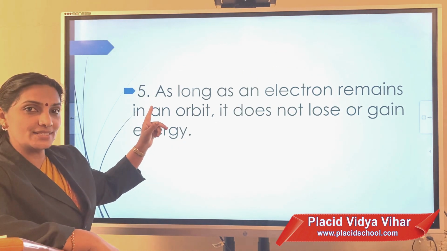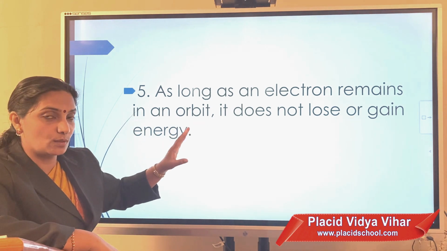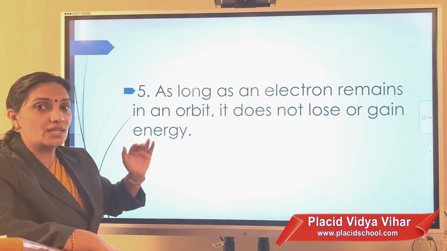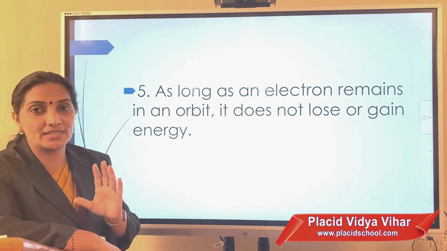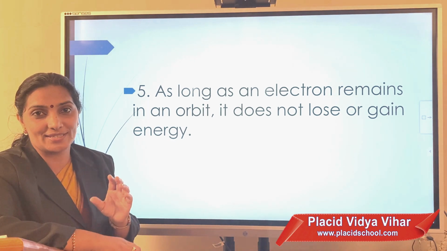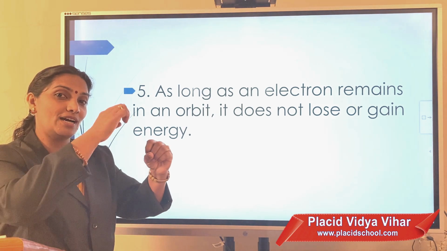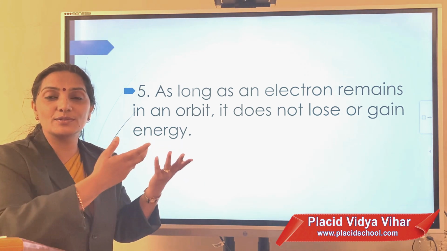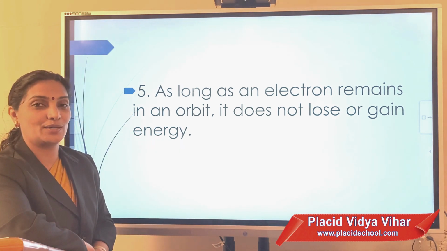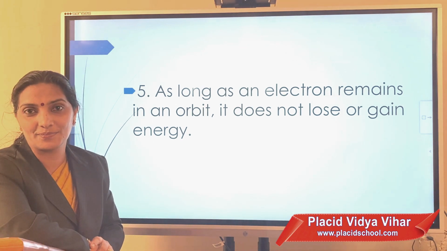Then the last point is, as long as an electron remains in an orbit, it does not lose or gain energy. Did you get the picture of the atom? The atom has a center part and around the center part we have various energy levels. Electrons are revolving around these energy levels. I hope you all got a clear picture about the structure of the atom.